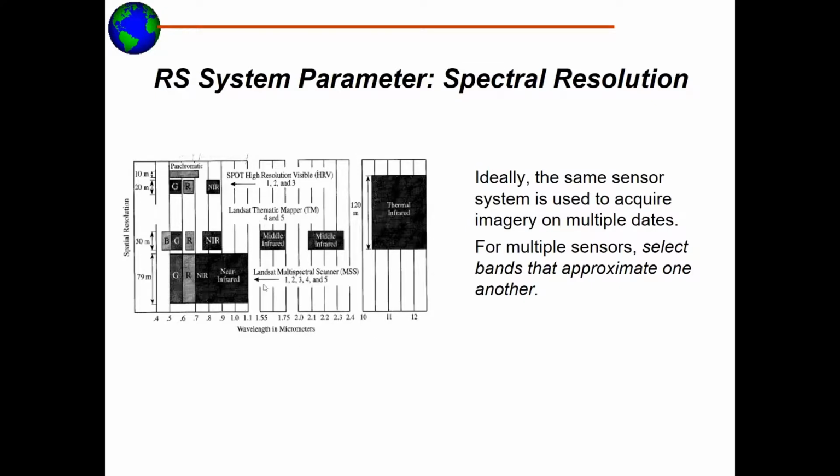And you can see here that, for example, on Landsat MSS, the sensor that is recording the red band, it records all the radiation that is reflected from 0.6 to 0.7 wavelength, micrometers, sorry.